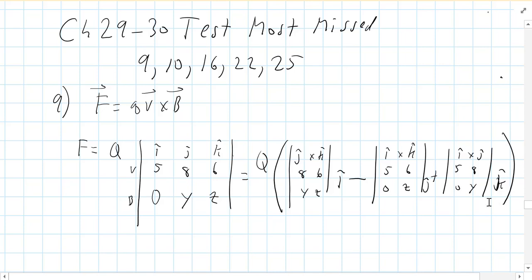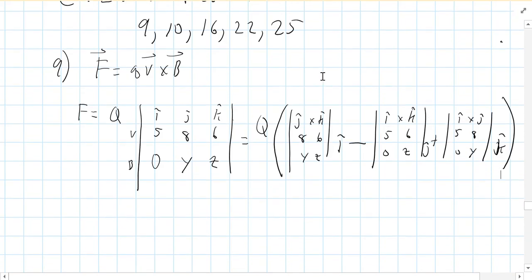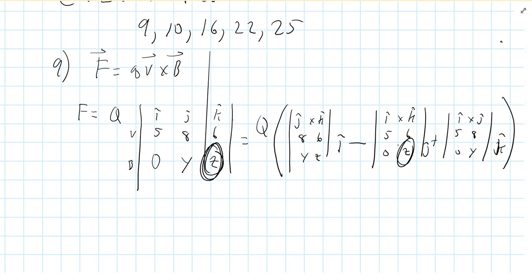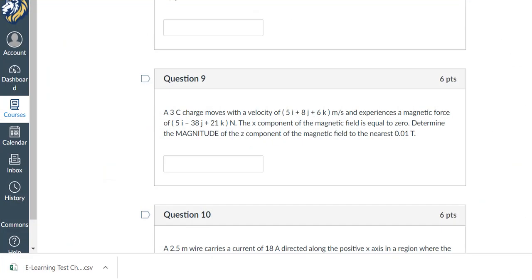Boom. The only one I'm going to focus on, since I'm trying to figure out Z, is just the J component, because the only unknown there will be Z. So the force in the J direction, for me, was negative 38.